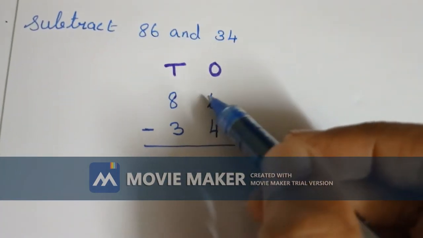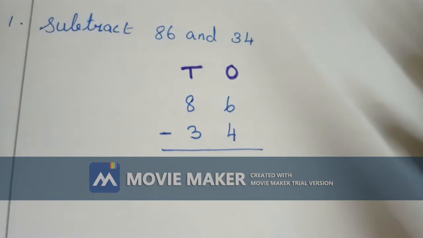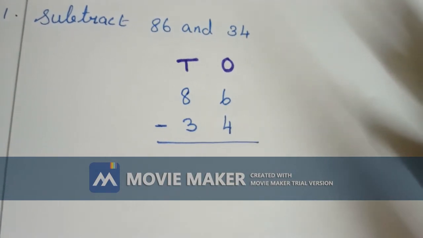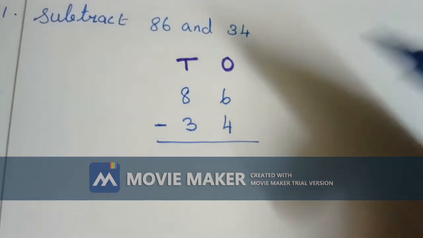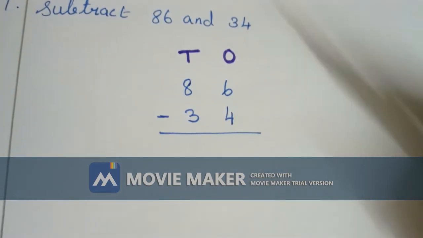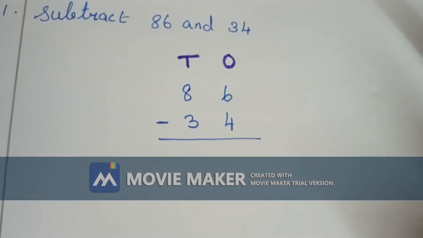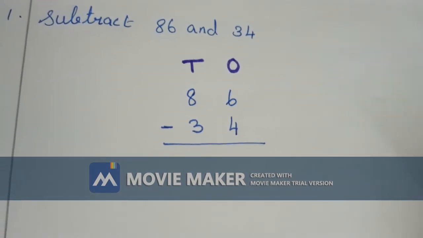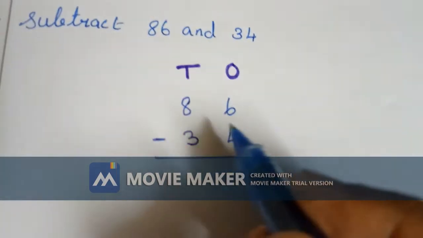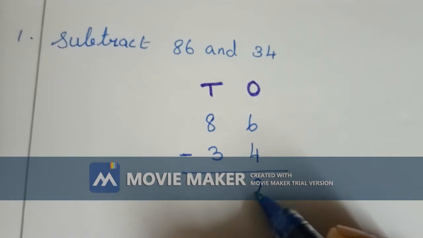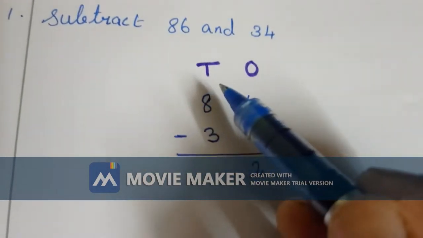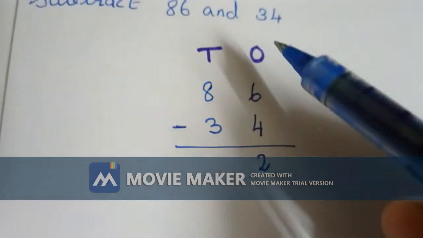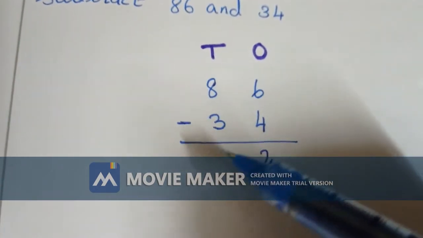So first you have to open 6 fingers because 6 is the bigger number, and the smaller number is 4, so you have to fold, that means close, 4 fingers. The remaining fingers are 2. So the answer is 2. Now children, you have to subtract the values in the tens place, 8 and 3.